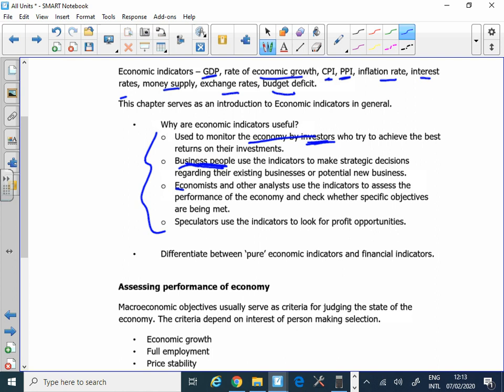And we have economists on the one side and other analysts on the other side, using these indicators to assess the performance of the economy and check whether specific objectives are being met. These objectives, normally we are going to refer to them as our economic objectives. There are 5 of them. We're going to see them now here.